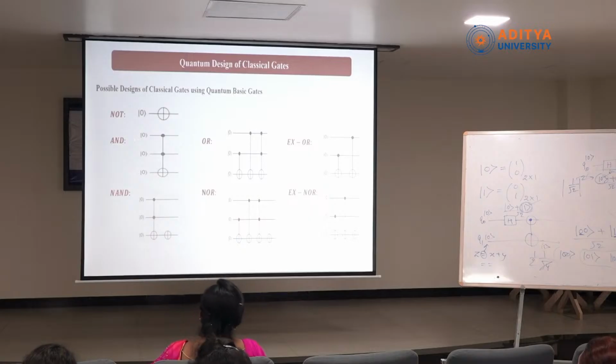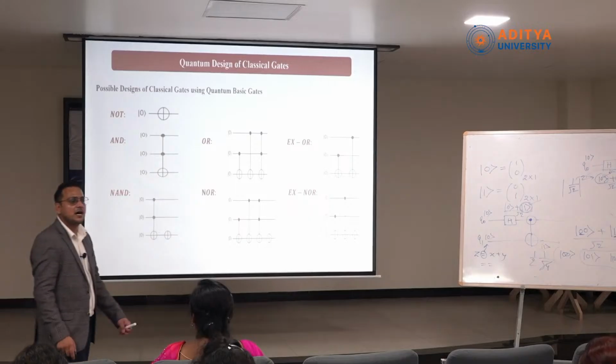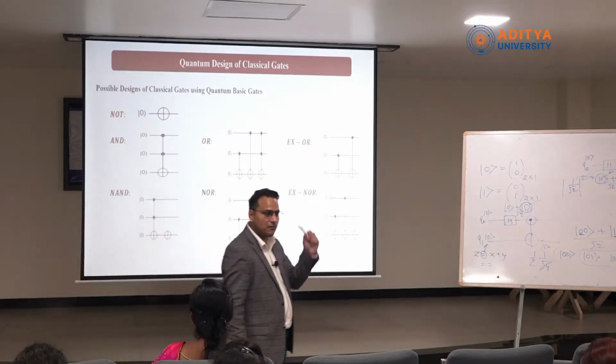Clear? Now assigning 0, 1 here. So for 0, 1 there is still no impact, so the output is still 0. For 1, 0 also 0. But for 1, 1, they both will become 1 and be taken as control, so the output will be flipped. So it is a demonstration of what?